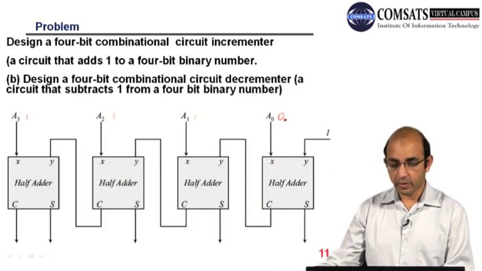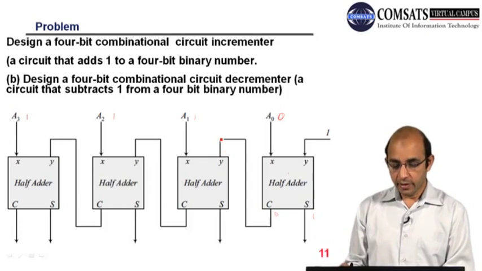See, half adder can add 2 bits, so 1 plus 0, sum is 1, so we will be having a 1, and the carry is 0, so that carry will be communicated here, and we will be having a 0 here, right?